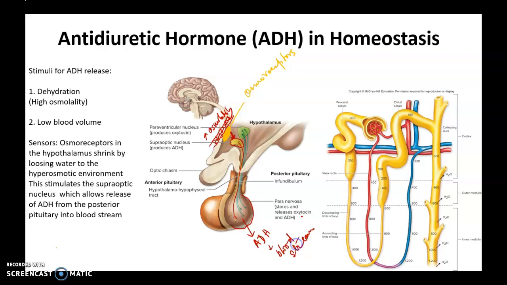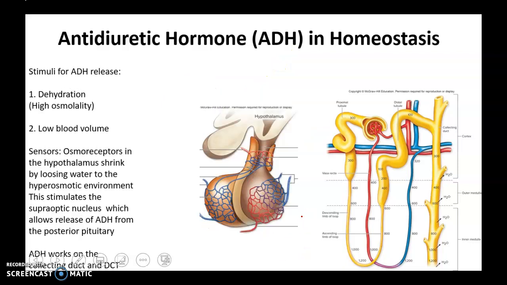So let's take a look in the next slide. So again, the supraoptic nucleus is here, which produces ADH, and the ADH is stored here. And when the osmoreceptors are stimulated, the ADH is released from the posterior pituitary into the bloodstream. Great. The ADH will eventually travel via blood, and it will come and work on the distal convoluted tubule.